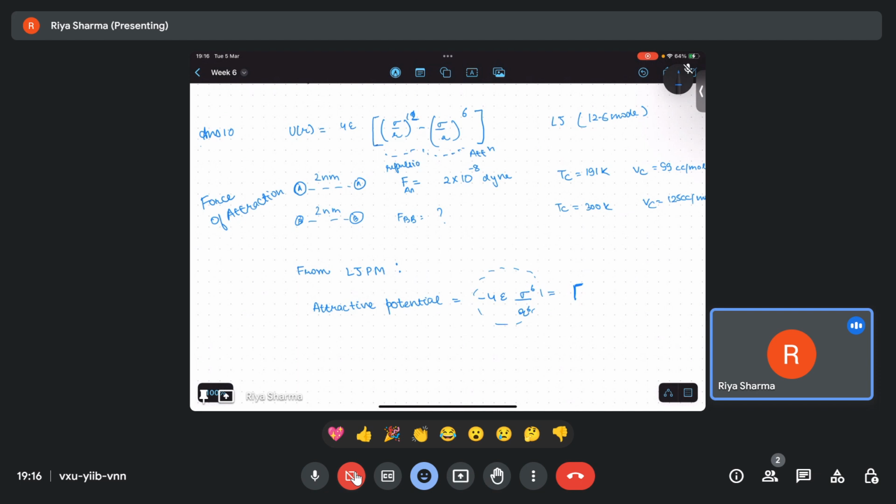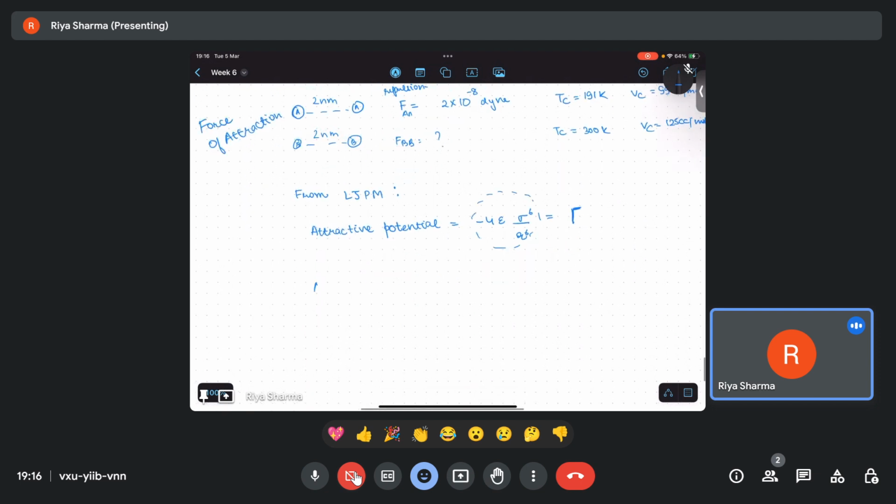This is very important, which part to take. Now the attractive force is equal to minus d by dr, which is equal to minus 24 epsilon sigma to the 6 by r to the 7.